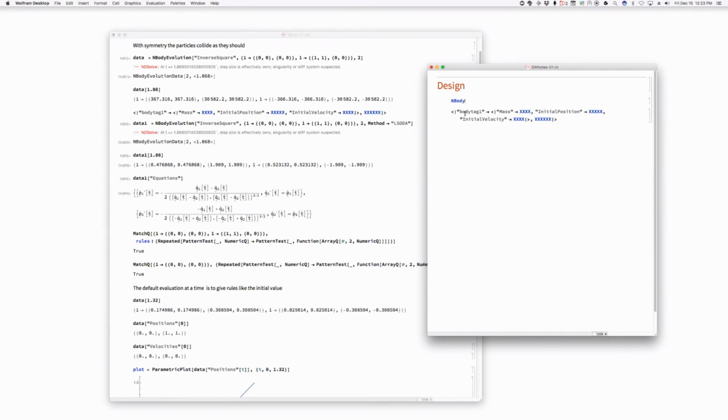Is the word evolution the right word? I think it's more n-body solution, wouldn't it be? No, that doesn't emphasize the time dependence part. Okay. So then what we're saying is, that's the time that we want it to evolve over, right?